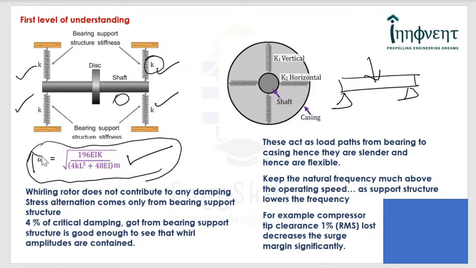There the dependency is mainly on hysteretic damping, and a whirling shaft, if you give it a little consideration, would not bring about any hysteretic damping because it does not suffer strain alternation. What the bearing support structure does as the shaft is whirling is that it provides hysteretic damping of almost 4% of the critical damping, which is very, very significant.